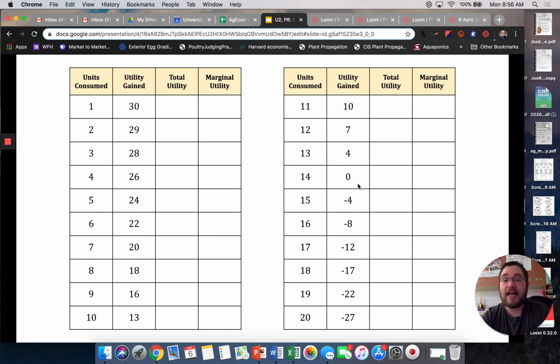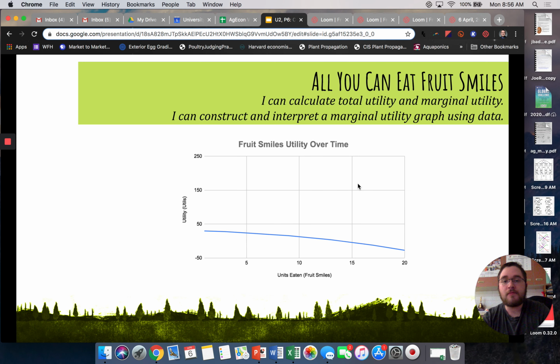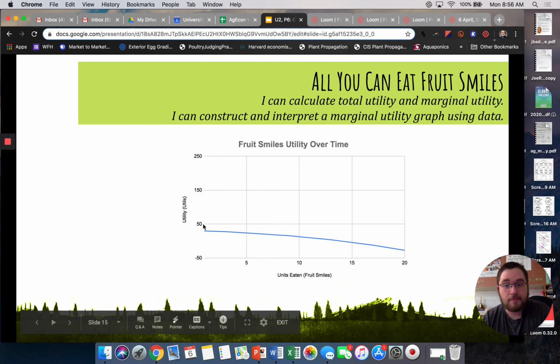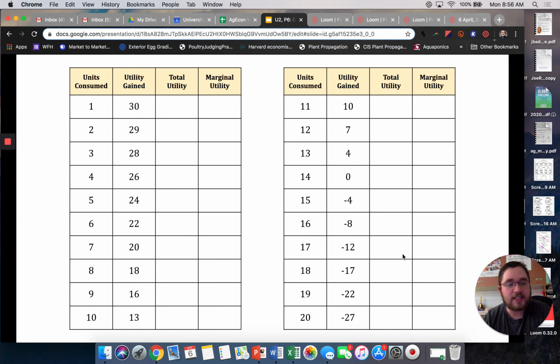Okay? Now, total utility then is adding the utils together as you go down. It's a cumulative total. Okay? We'll get to that next, but this is a graph that shows that over time I lost utils, right? I had 30 utils on that first fruit snack, and by the end I was down to, what was it, negative 27?